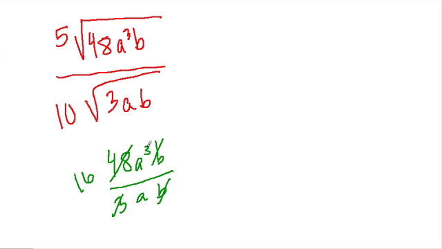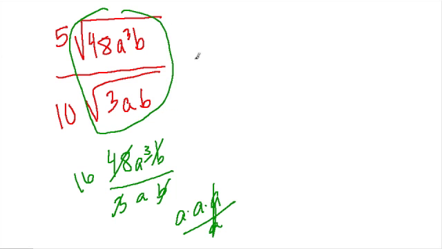And a to the third, divided by a, is equal to a squared. You can think about it like this, a to the third over a. Well, one pair of a's cancel out. That's why we subtract those exponents. And we get a squared. So all of this stuff, we can say, well, 5 divided by 10 is a half, times this stuff, which is just the square root of 16a squared.